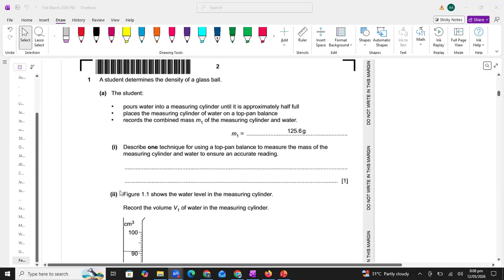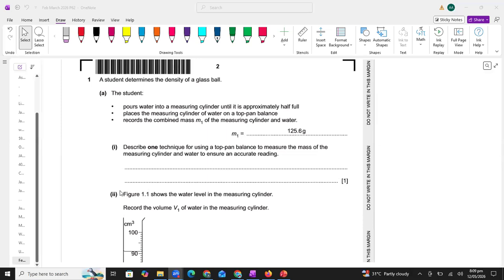In question number 1, they are saying a student determines the density of a glass ball. The student pours water into a measuring cylinder until it is approximately half full, places the measuring cylinder of water on a top pan balance, and records the combined mass m1 of the measuring cylinder and water.